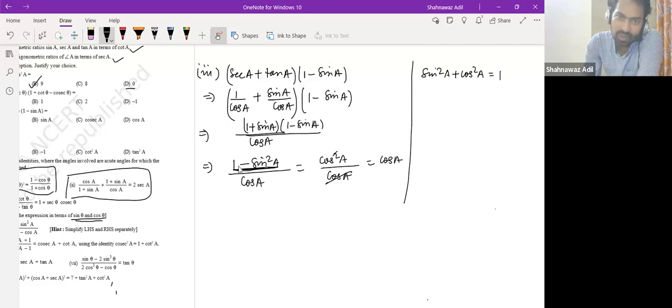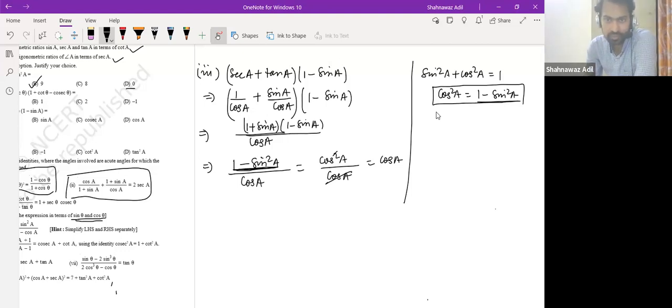So we have 1 minus sine square A. We take this sine square to the right hand side, so cos square A is 1 minus sine square A. This is how we get this value. Clear? Yes, sir. Okay, so please note it down, guys, and just revise these. This will come again and again.